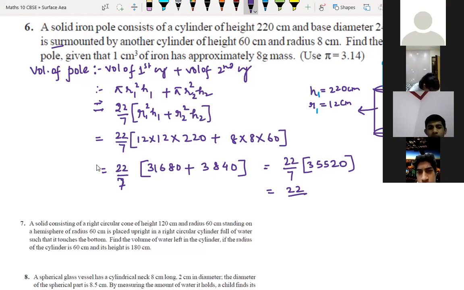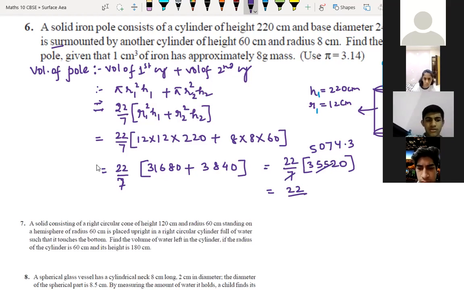So if you divide here, 3 3s, 7 5s are 35, carry 1, then 0 will come. 7 7s are 49, 7 4s are 28. So you get 5074.3, multiply by 22.